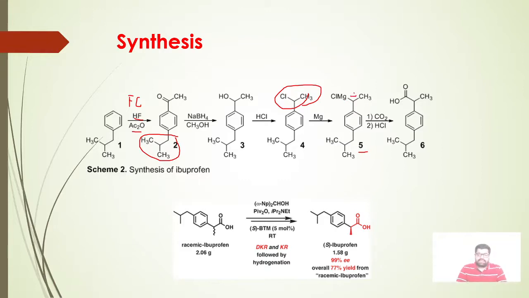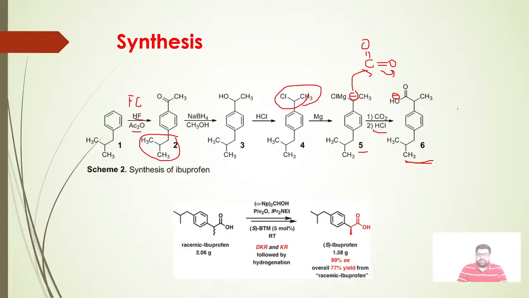As you know that R is a nucleophile, it will attack the carbon dioxide molecule, and we get this carboxylate derivative like this. Okay, attack over here, and we get O minus. Once we get O minus, this acid is neutralized or acidified with concentrated HCl to get the final compound, that is ibuprofen.